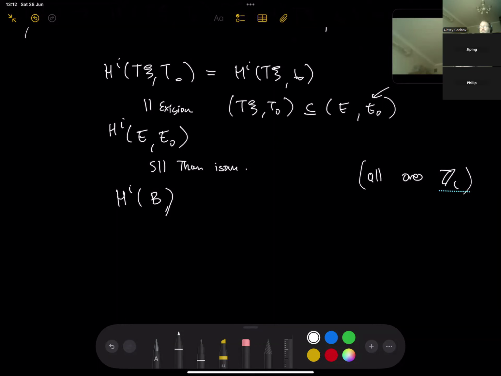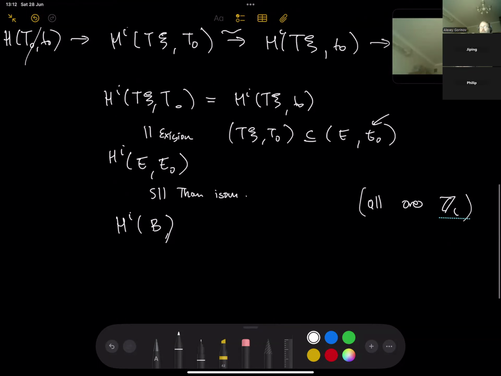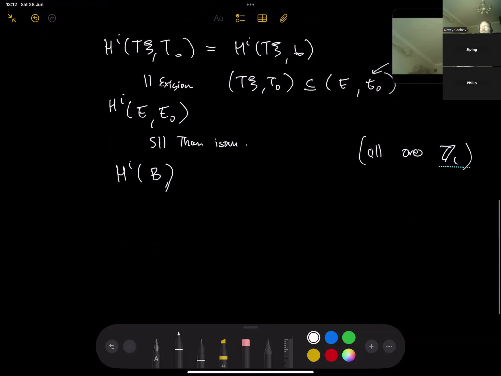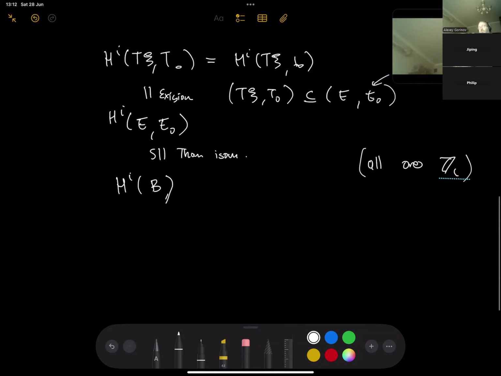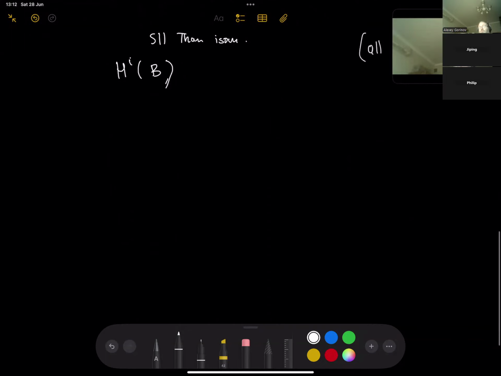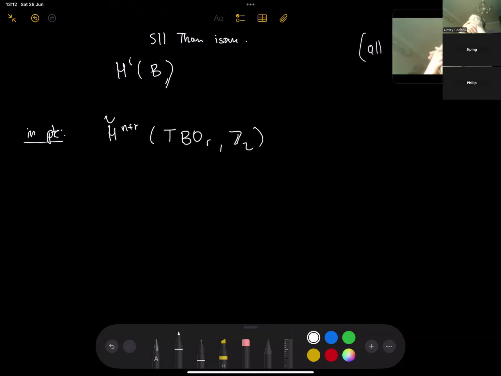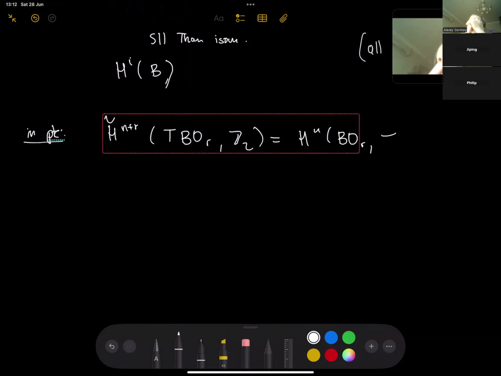The first one comes from a long exact sequence, the second one comes from excision, and the third one comes from the Thom isomorphism. And so in particular, we get H^(n+R)(TBO(R)) reduced mod 2 is equal to H^n(BO(R)) mod 2.